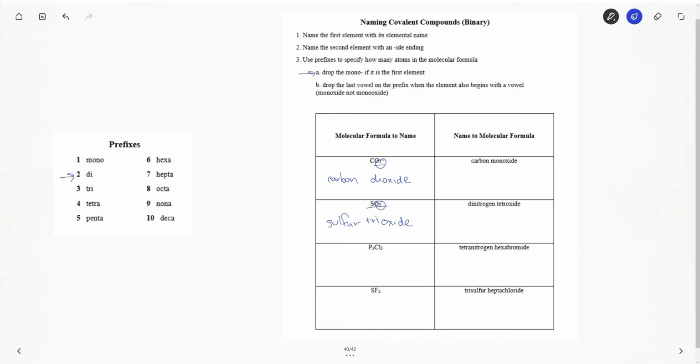Now for my next example, P3Cl5. P, I know, is simply phosphorus. This is going to be a rather long name. I think I'm going to use two lines here. Cl I recognize as chlorine, but I need to change that ending to IDE, so that will simply become chloride.